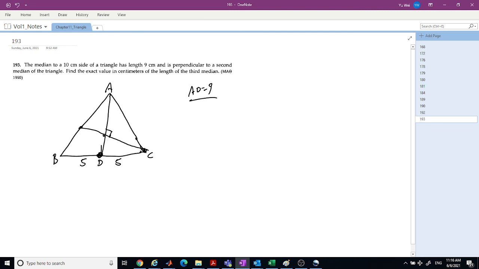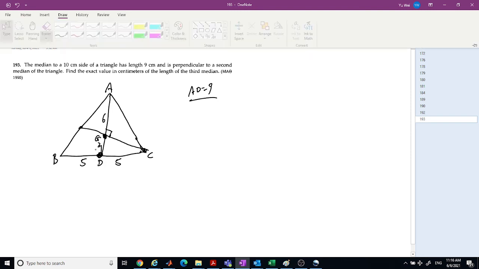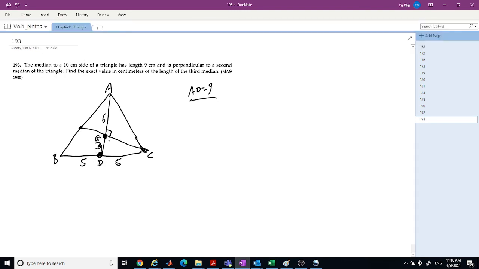So this is the centroid point G. Because AD equals 9, the first thing we need to know is the centroid, so it's 6 and 3. And once we know the 6 and the 3, we have a right triangle DGC.